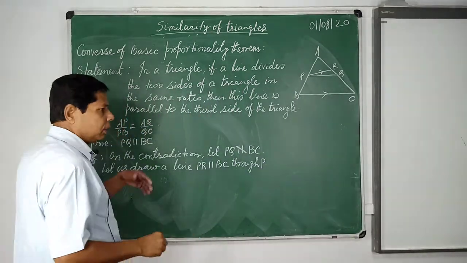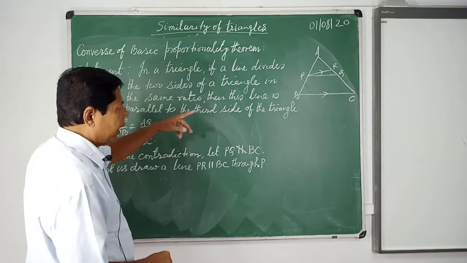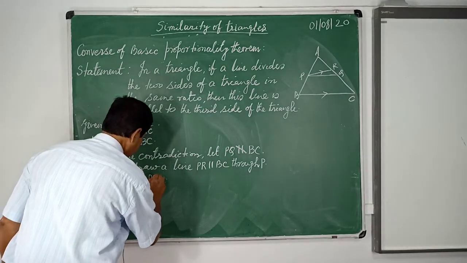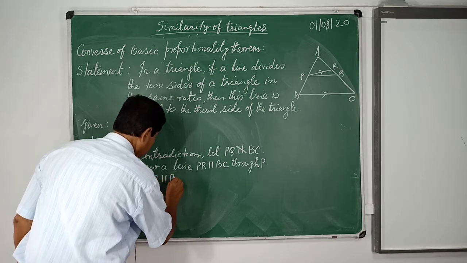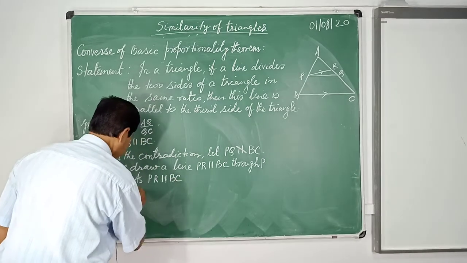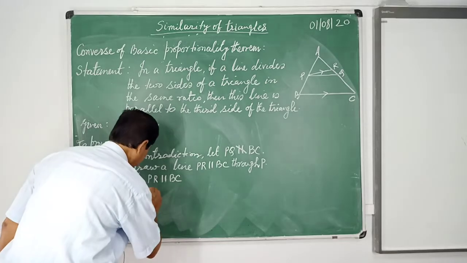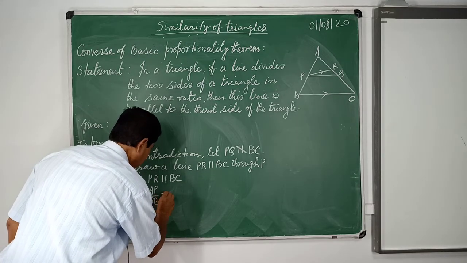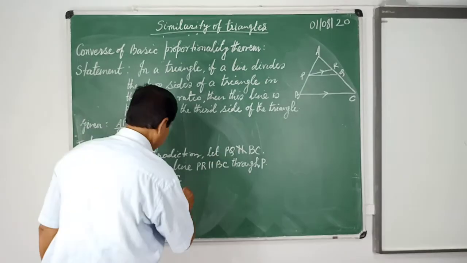Then what happens according to the basic proportionality theorem? As PR is parallel to BC, this implies AP by PB equal to AR by RC.